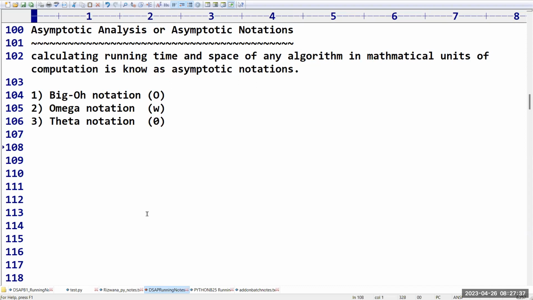So how many representations are there? Big O representation, you take capital O of that complexity, and omega of this complexity. Then theta, you know the mathematical components. By using these three notations, we represent the complexity of an algorithm, whether it is time or space.